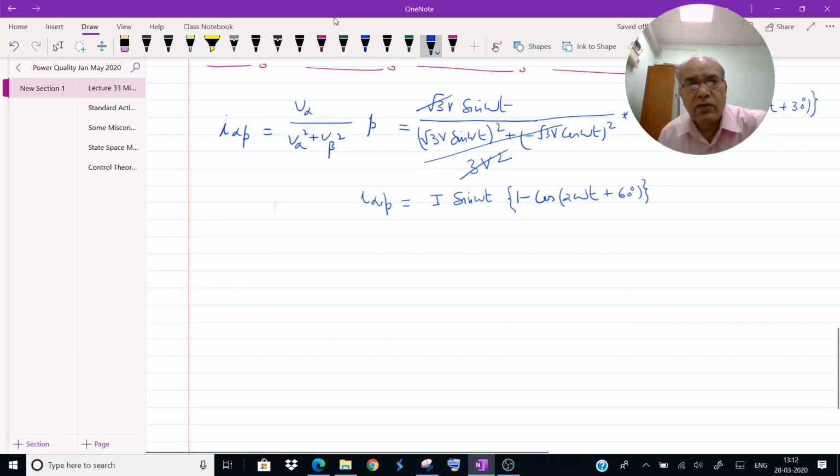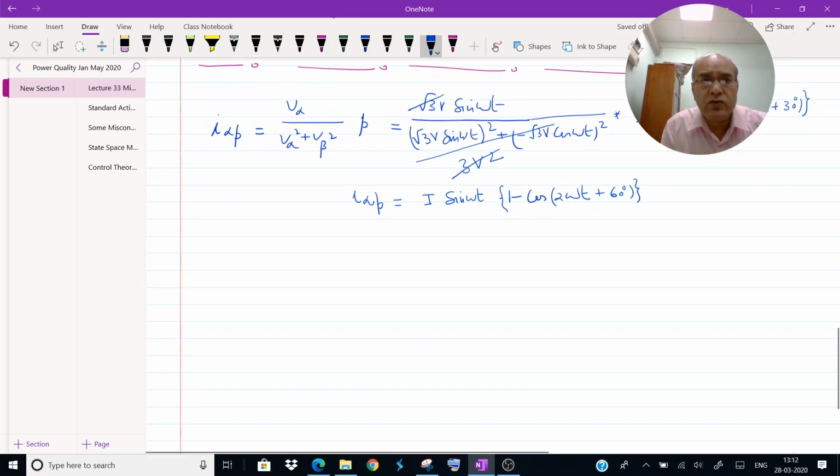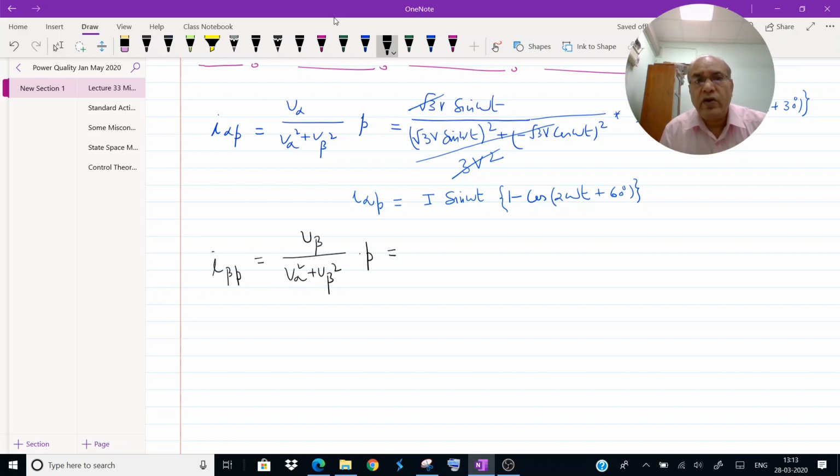Then what about I beta P? I alpha Q or I beta P, you can find out whatever you like. Okay, so we can find out I beta P. So I beta P was B beta over B alpha square plus B beta square into P. So here it becomes simply minus root 3 cos omega t.